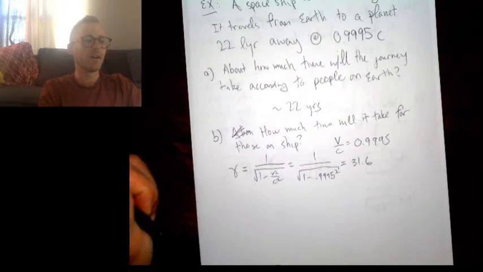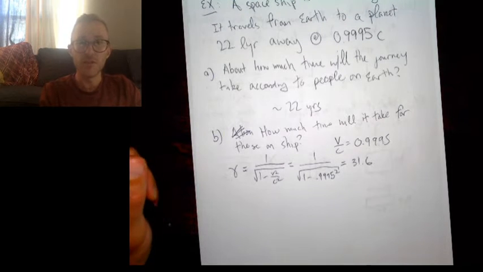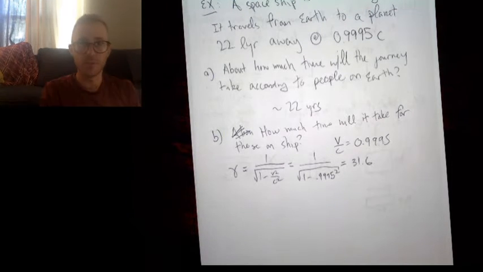Now it's going to take less time, according to the people on the spaceship, because the people on the spaceship are going very fast, so their clocks run slower. So it will take less than 22 years.